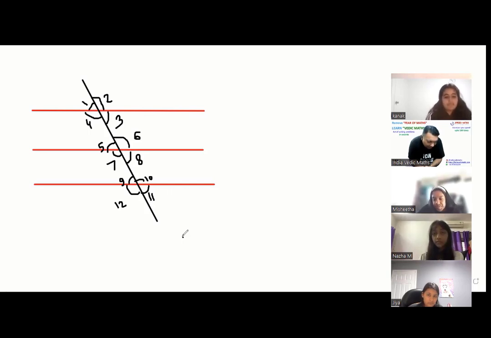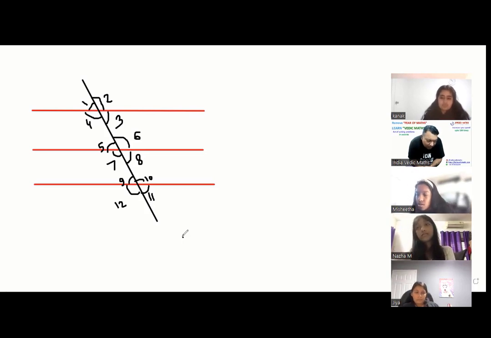Mayank, angle 5 and angle 9 are vertically opposite. False. Dhruvansh, angle 6 and angle 3 are corresponding angles. False. Naja, angle 6 and angle 7 are not vertically opposite. False. Correct.